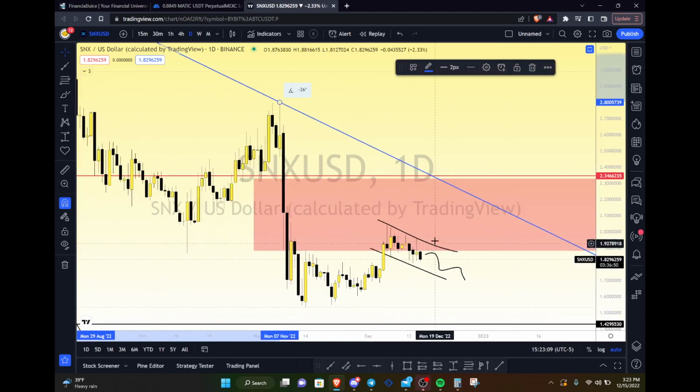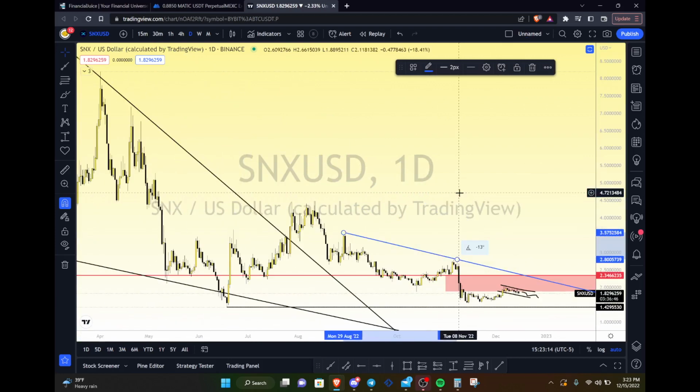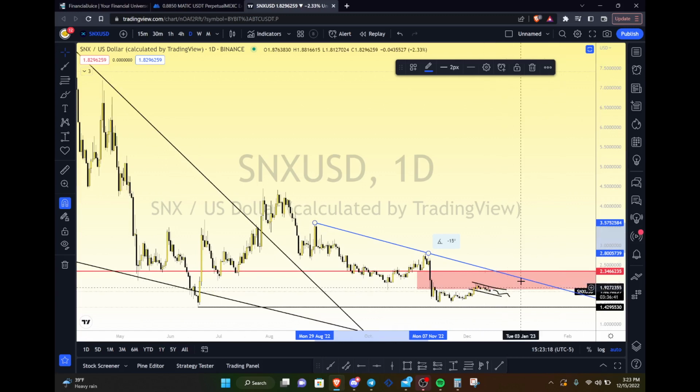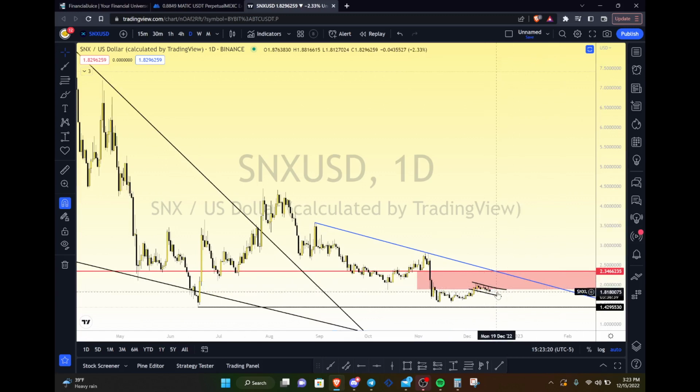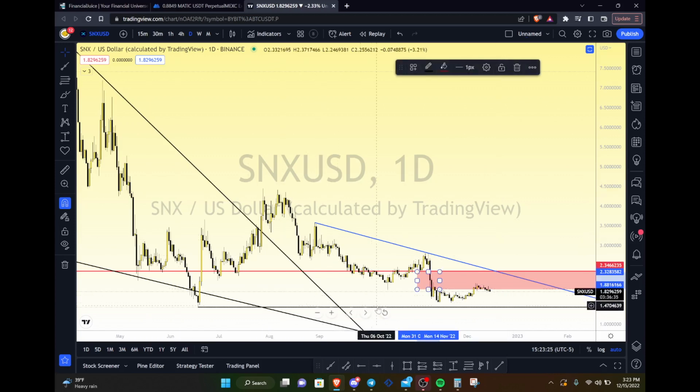So this break will probably get us to test out this descending trend line, and we'll see, will this actually lead to a larger change of character. And look what will happen if we were to break above that level. Well, then it looks like it's confirming a double bottom structure, right?